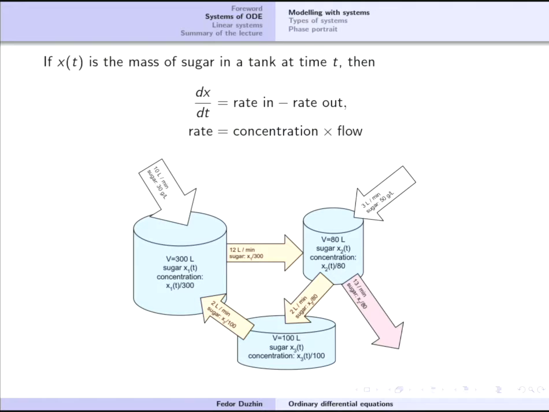So rate in minus rate out. But the rate is going to be the concentration of the sugar in the flow in grams per liter times the intensity of the flow in liters per minute. Also, you can check carefully that the total amount of mixture in each tank remains the same, because the total inflow equals the total outflow for each tank. That's easy to verify.